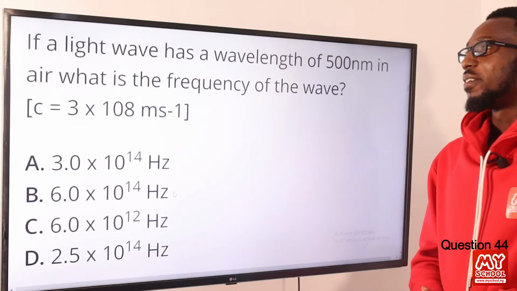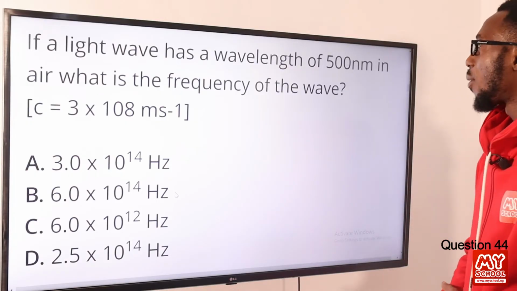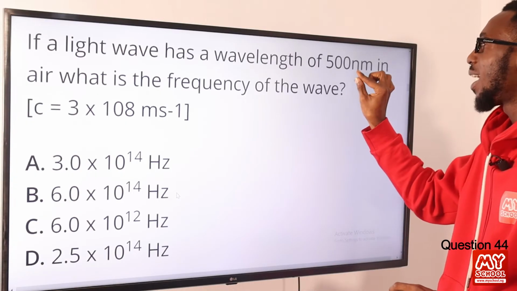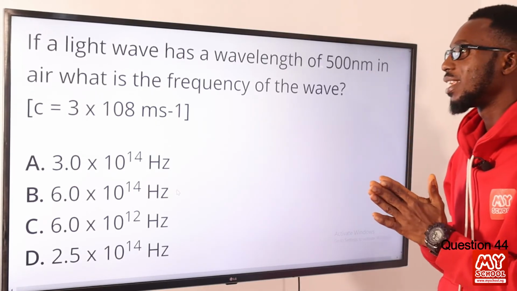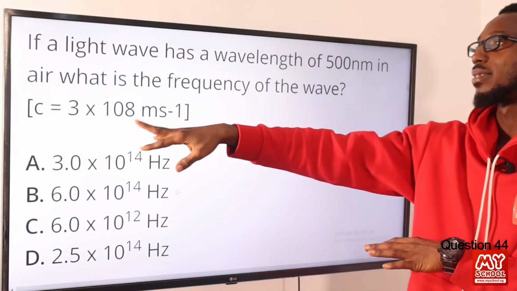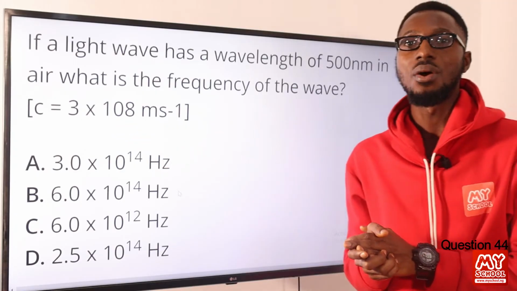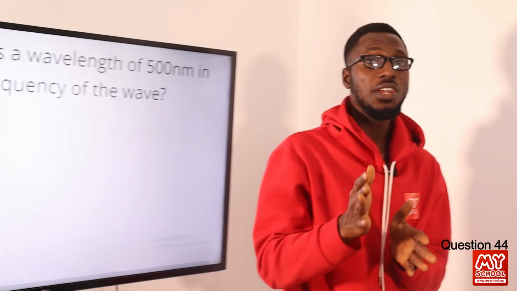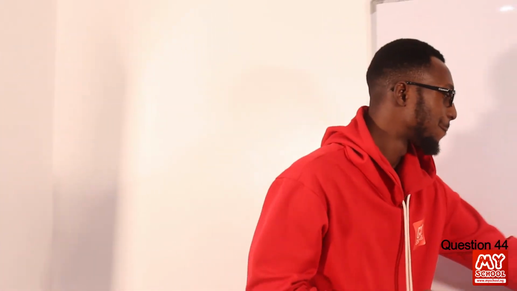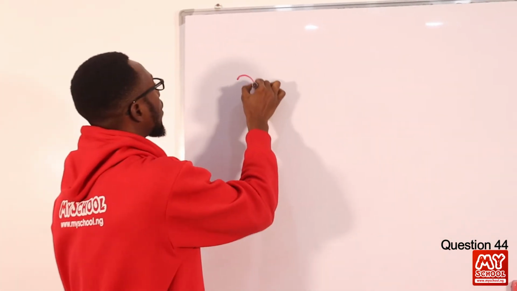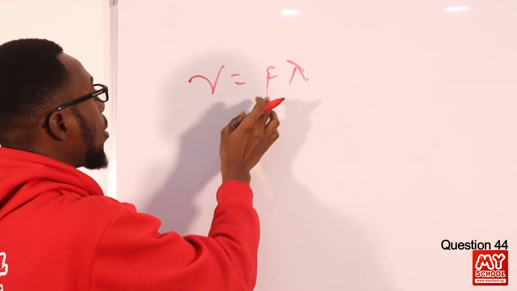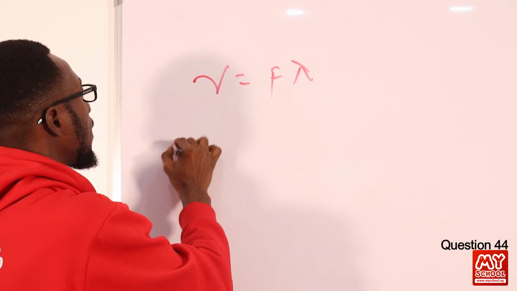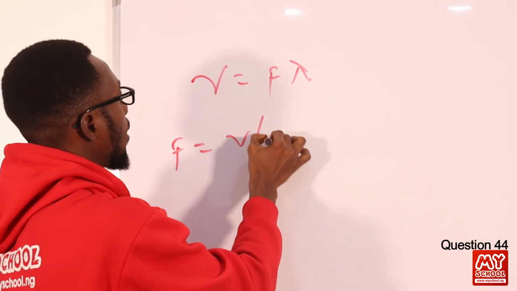44. If a light wave has a wavelength of 500 nanometers, what is the frequency of the wave in Hertz? We are given the speed as 3 times 10 raised to power 8. So that should be V equals F lambda. We are looking for frequency, so F equals V over lambda.